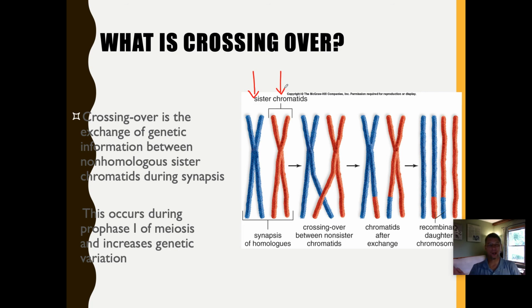However, they come together during this process called synapsis, and this does not happen during mitosis, only during meiosis. And what can happen is you can have what's called a crossing over event. During crossing over, a small piece of the end of mom's chromosome and a small piece of the end of dad's chromosome will actually break off and switch places.